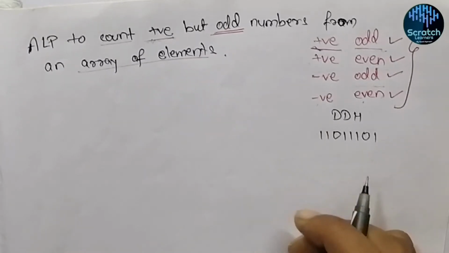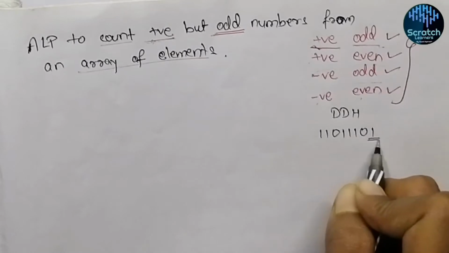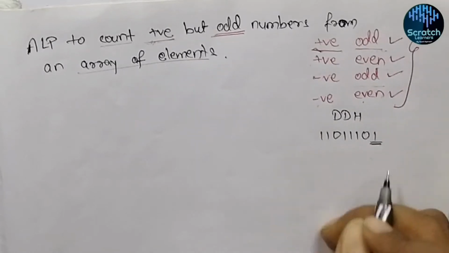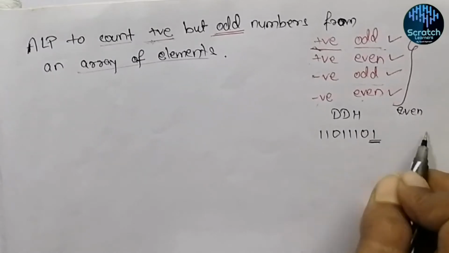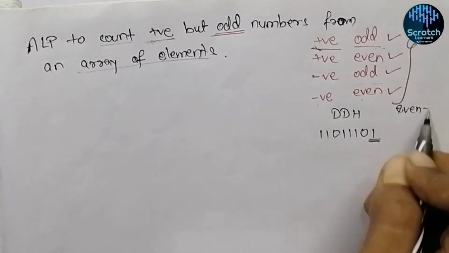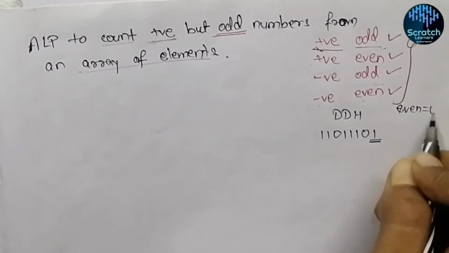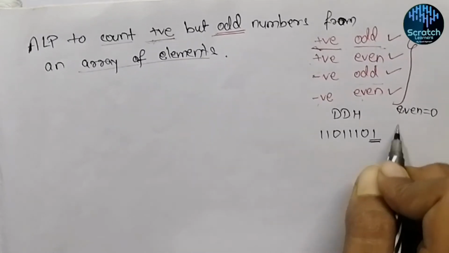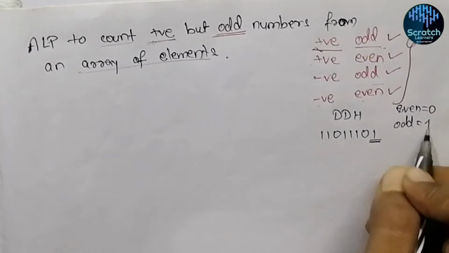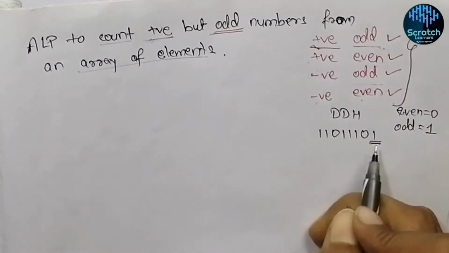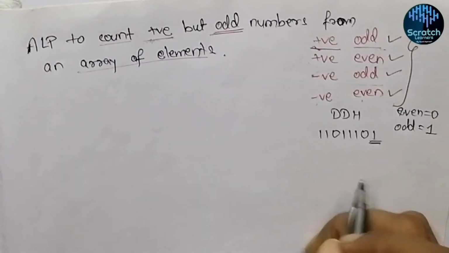We check the least significant bit. If a number is even, that means it is divisible by 2, and in that case the least significant bit will always be 0. But if the number is odd, its least significant bit will always be 1. Here you can see that the least significant bit is 1.